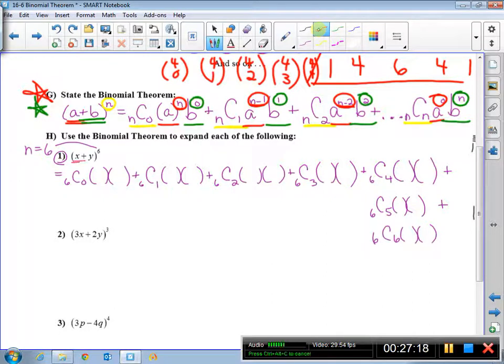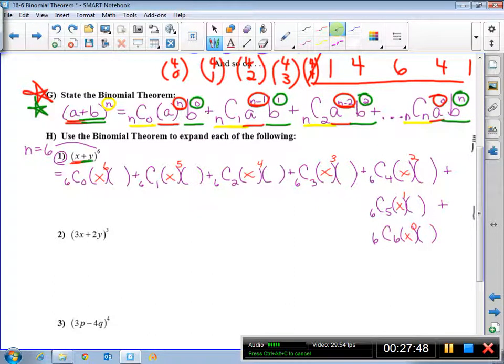Well, the first item in my parentheses goes in the first slot. So now I'm dealing with x's all the way here. First slot. And I know that the exponent on this starts out at 6 and decreases: 6, 5, 4, 3, 2, 1, 0. In my second slot, which is green, I grab whatever's here.